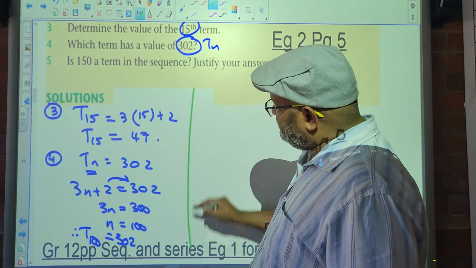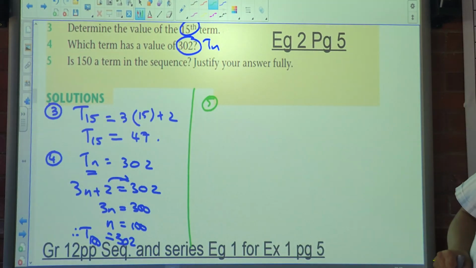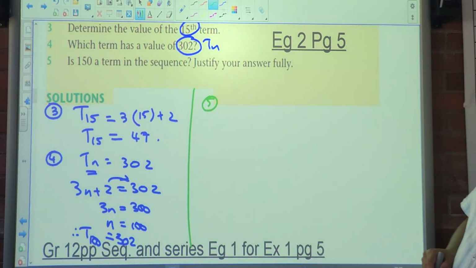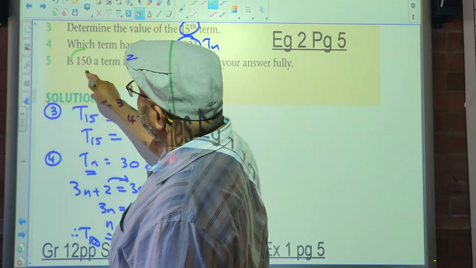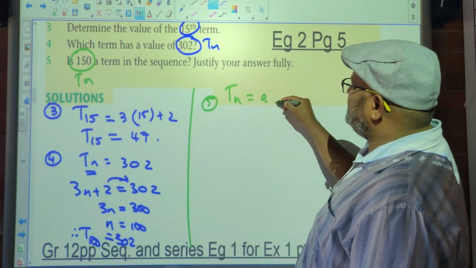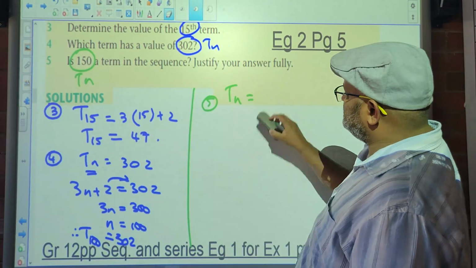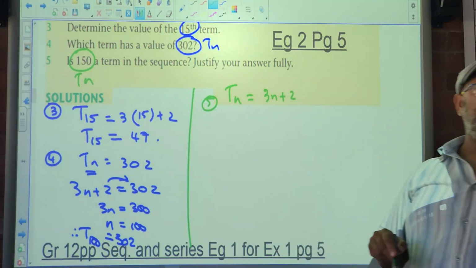So look at number 5. Is 150 a term in the sequence? Justify your answer fully. So in other words, that is again our Tn value. I already got the general term. It's going to be 3n plus 2.